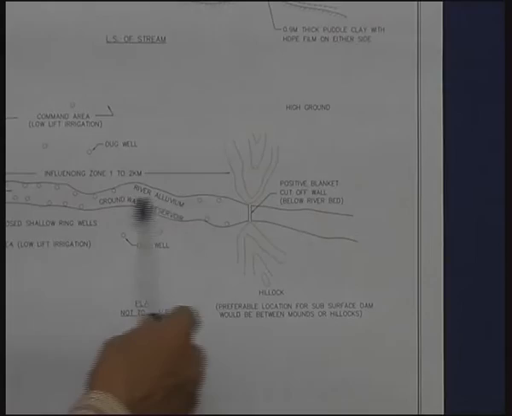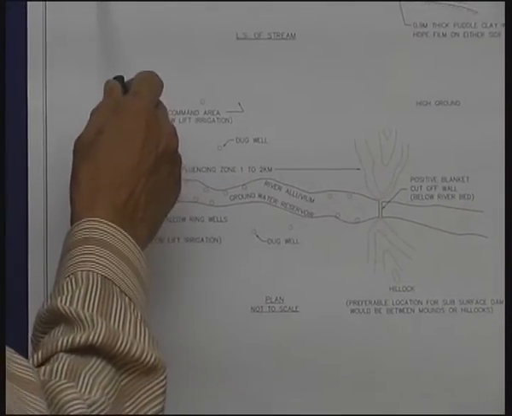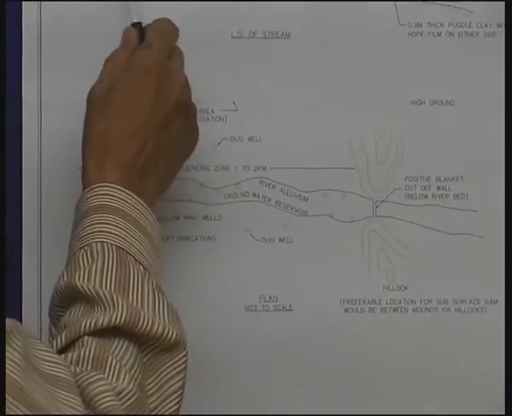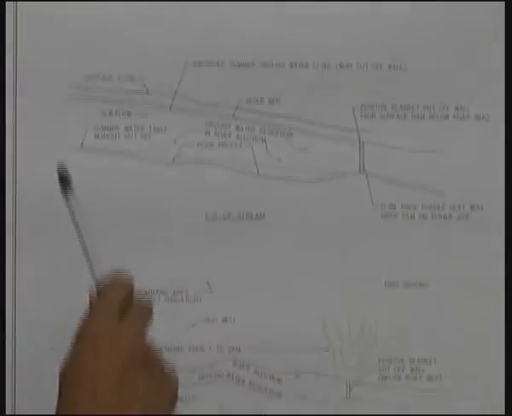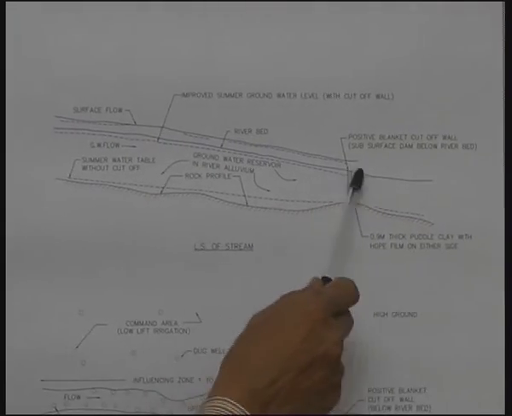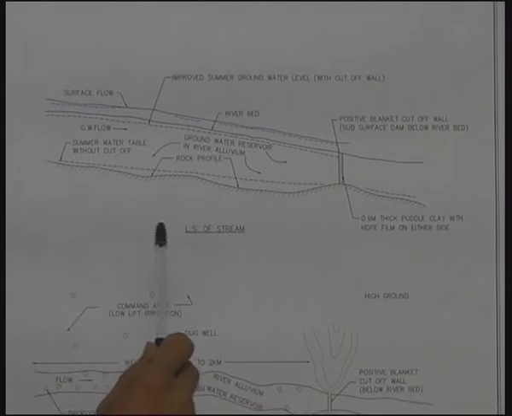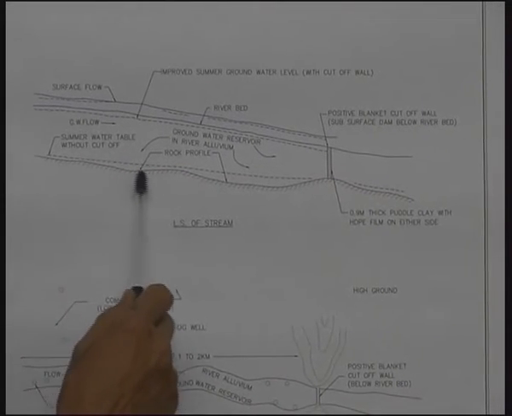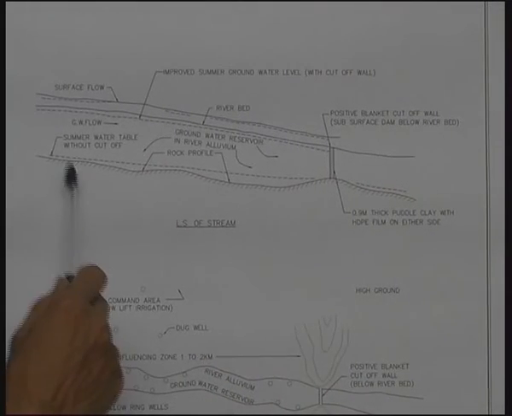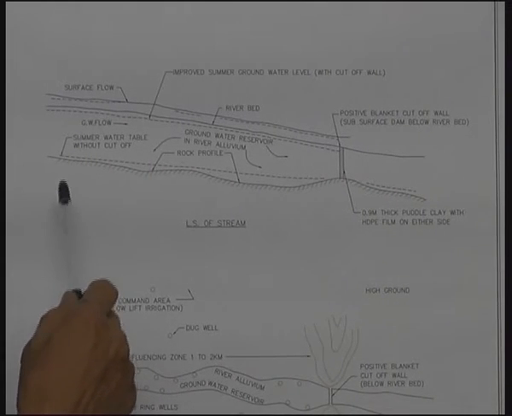Now let us see how this stream course looks in sectional elevation. This is the stream bed and this is the surface flow, and the bedrock profile is something like this, that is sheet rock, and the layer above the sheet rock is all alluvium.